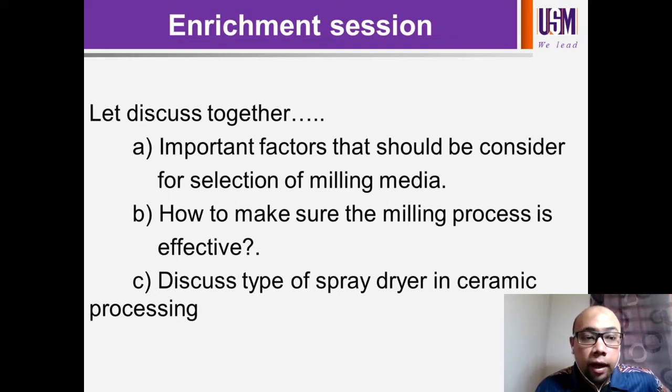Before I proceed with that slide, let me recap first what we have discussed in the previous video, about the enrichment session regarding the important factors that should be considered for selection of milling media, and how we want to make sure that the milling process is effective, and also the type of spray dryer used in ceramic processing.